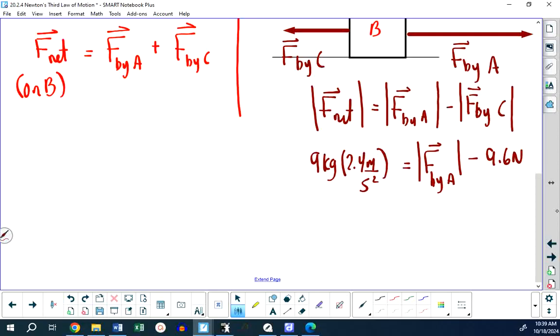Minus 9.6 newtons. Can anybody confirm this is 21.6 newtons? Okay.